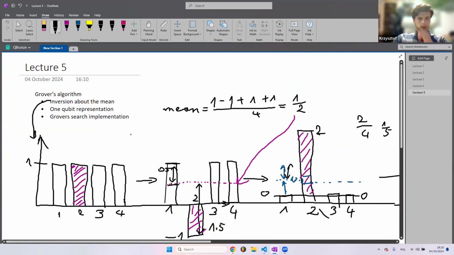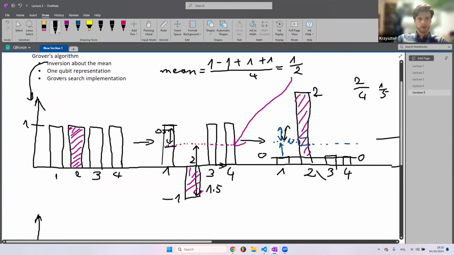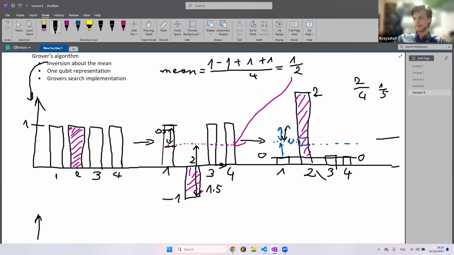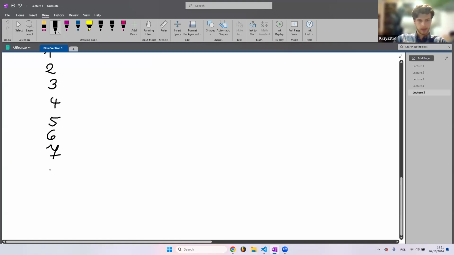So let's now move on to the 1-qubit representation of this game. And in this case, we will consider elements such as first element, second, third, fourth, fifth, sixth, seventh, and eighth.